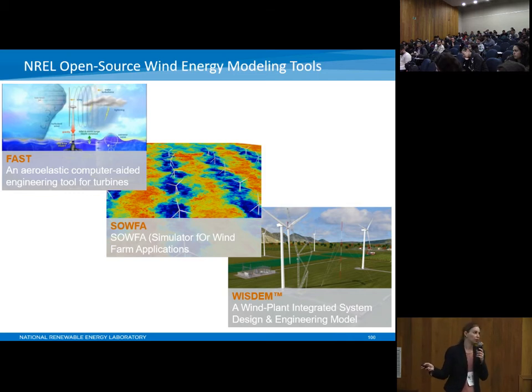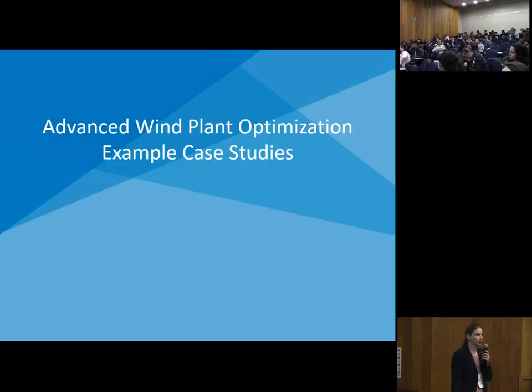And then OpenFAST is our aeroelastic and dynamic simulator tool, which also now has plant-level dynamic modeling capability. All of these are available on GitHub. You can download and use them anytime, and they're out there because we believe in the open source approach to research in the wind energy space. That's been a tradition at NREL for a long time now. So I think that's it. I'm going to pause there.